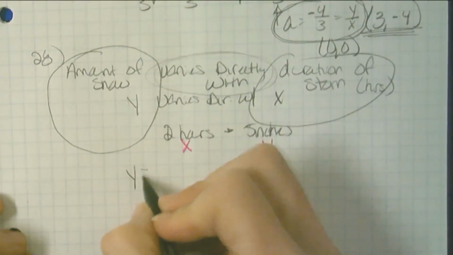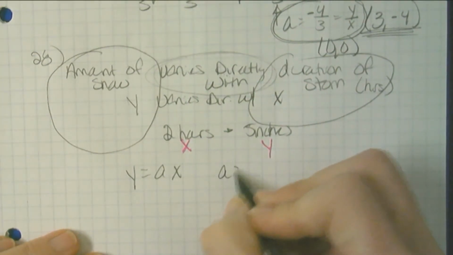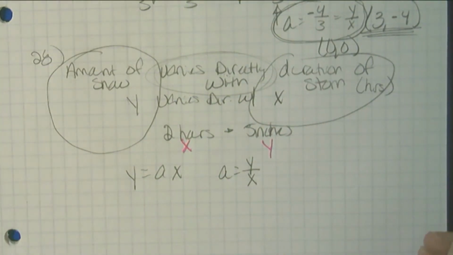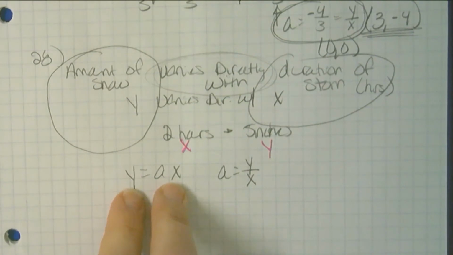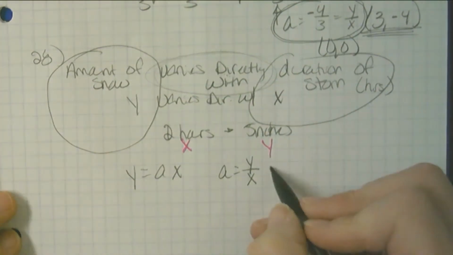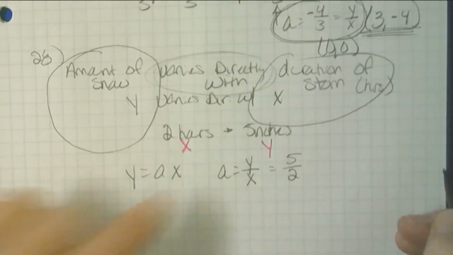So Y is equal to A times X. We know we can use that because it varies directly with. That's direct variation. We also know that A is equal to Y over X. If you don't remember that, just substitute your coordinate point into the direct variation equation and solve for A. That's okay too. All right, so my Y is 5, my X is 2.